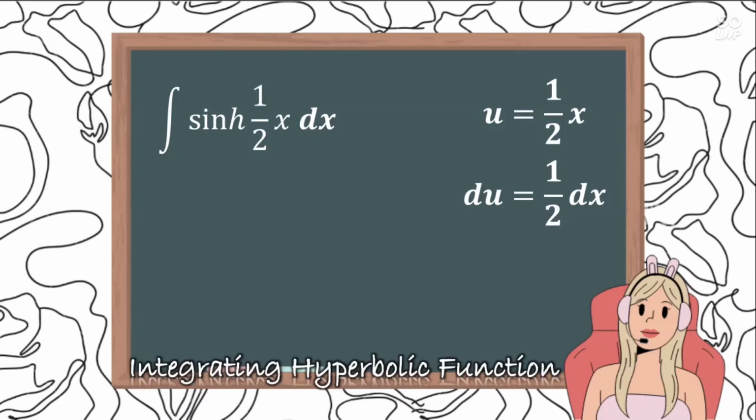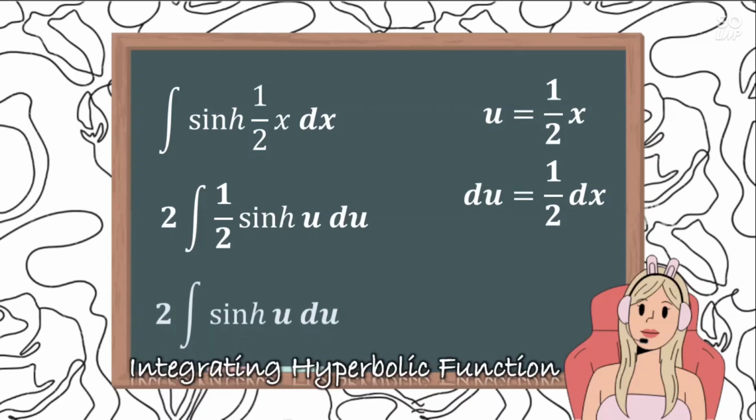As you can see in our problem, it does not have 1/2, so we have to use a correction factor of 1/2 here, and of course, the reciprocal of this correction factor outside the integral sign. So we have 2 times the integral of hyperbolic sine of u, which is 1/2 x, and then we have 1/2 dx, so that's equivalent to du.